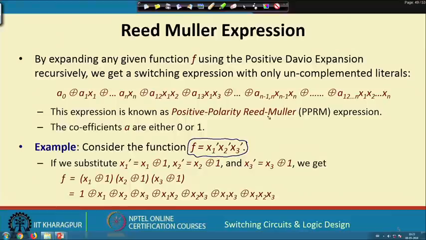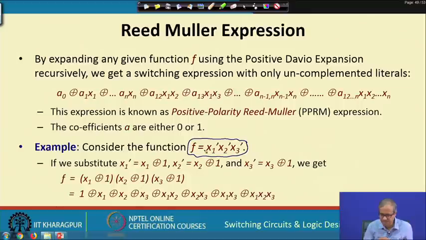So, what do I do? Well, here I already know the XOR rules we saw in the last slide. This x 1 bar we can write as x 1 exclusive or 1, x 2 bar we can write like this, x 3 bar we can write like this. Well, why are we writing like this? Because this bar we are eliminating, we want to use positive polarity only.